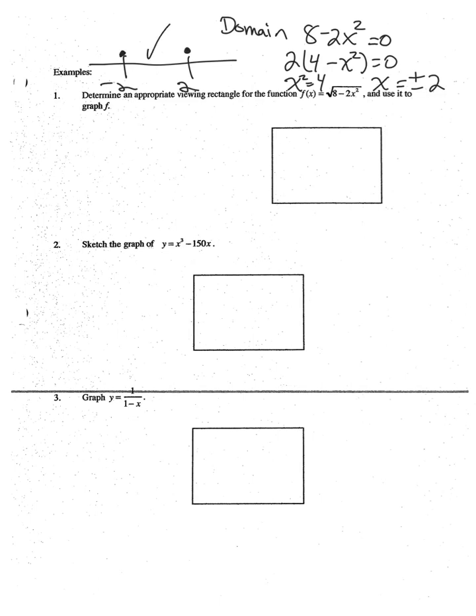If I put a number over here, like let's say I put 3 into the domain, I would have 8 minus 2 times 3 squared. 3 squared, 9 times 2, 18. 8 minus 18, I'd get -10. That's not going to work, and you can talk it through for yourself, but it's also not going to work over there. So the domain for my function is from -2 to +2.